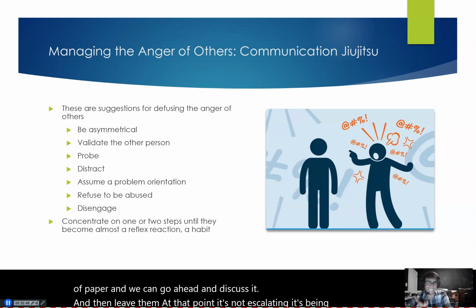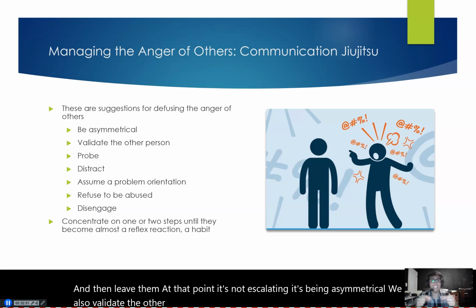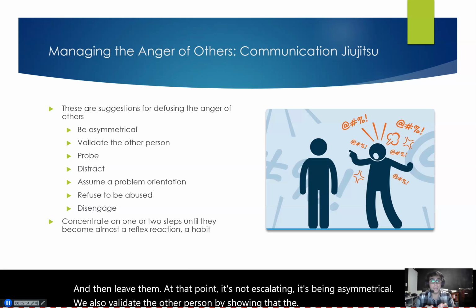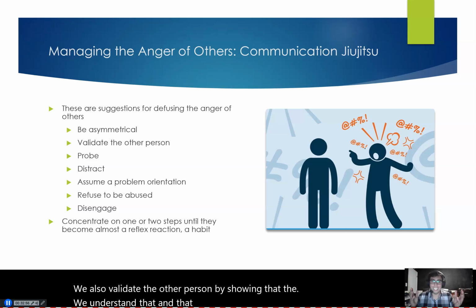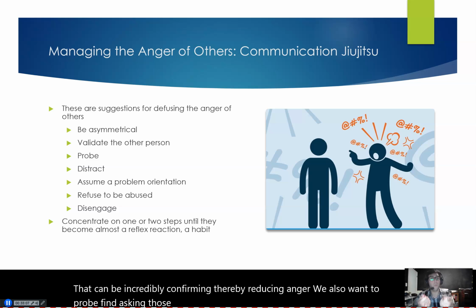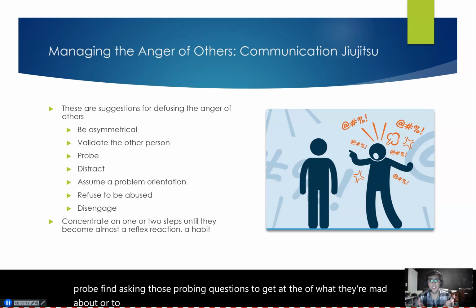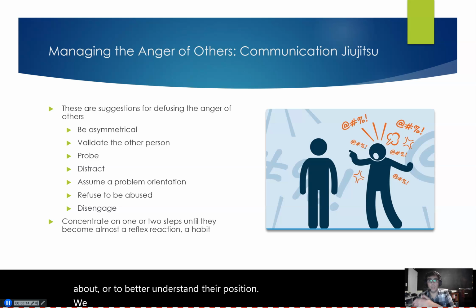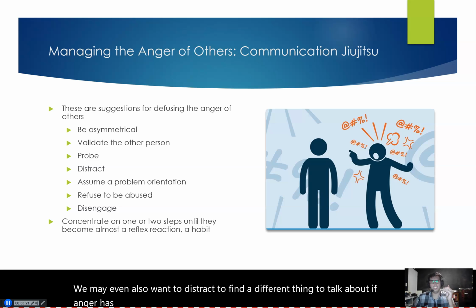We also validate the other person by showing that we understand them and that they are not being crazy in this situation. That can be incredibly confirming, thereby reducing anger. We also want to probe, asking those probing questions to get at the root of what they're mad about or to better understand their position. We may even also want to distract, to find a different thing to talk about if anger is too high.